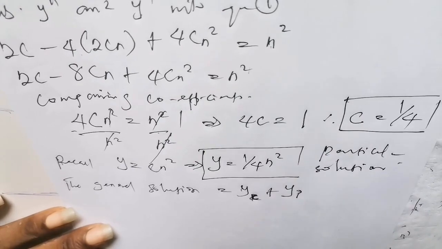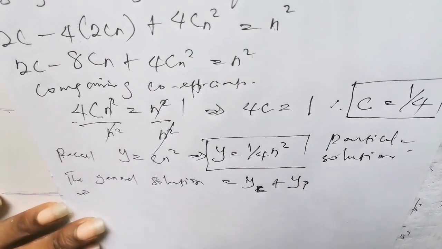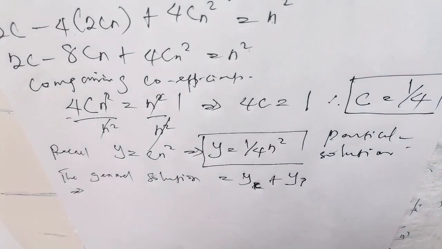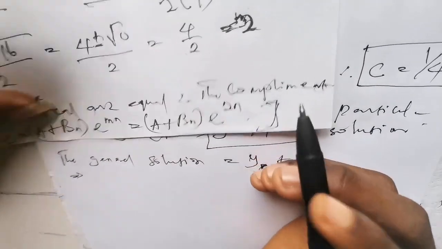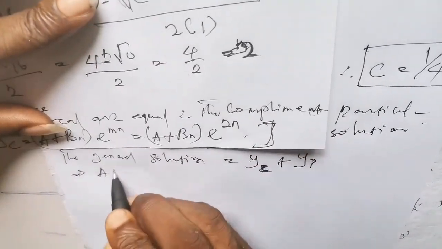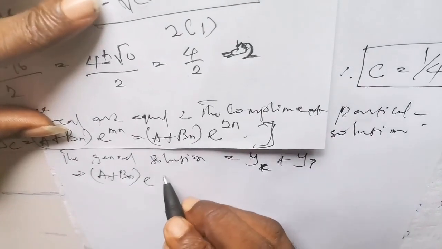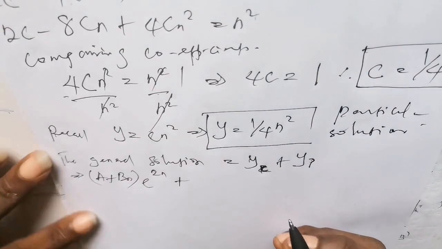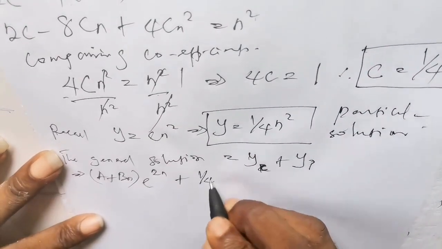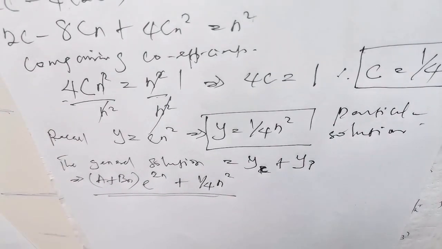Hence, the answer to that equation becomes, remember the answer we obtained for the complementary solution was this: (a + bn) exponential 2n, plus the particular solution. The particular solution gave us 1 over 4 n squared. So this is the answer to that difference equation.